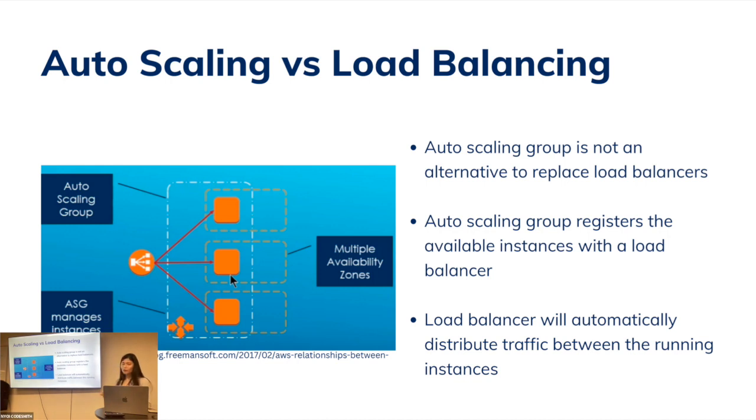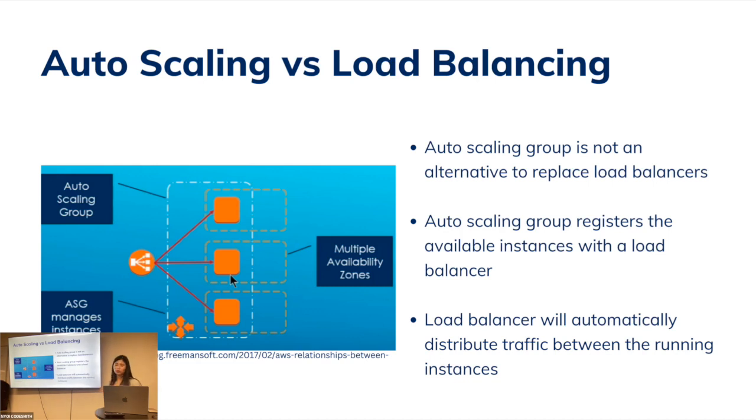So now that we've covered the configuration of an auto scaling group, you may be asking, what is the difference between auto scaling and load balancing? Well, I wanted to emphasize that auto scaling is not an alternative to replace load balancers. The two actually work in tandem.